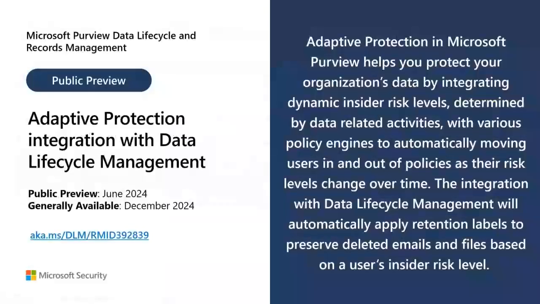All right. So let's talk about adaptive protection integration in this case, right? Adaptive protection is a feature in insider risk management. Insider risk management is another solution just like data lifecycle management in Purview.